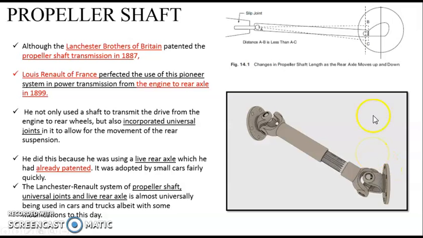Because what happens is that on irregular roads the axis of the gearbox and the propeller shaft are not in the same line, and the axis between the propeller shaft and the differential gearbox input pinion is also not the same. This is because the rear axle is moving up and down.